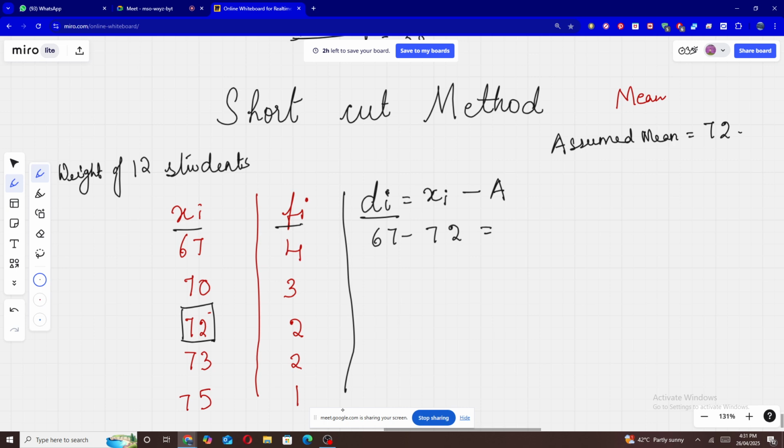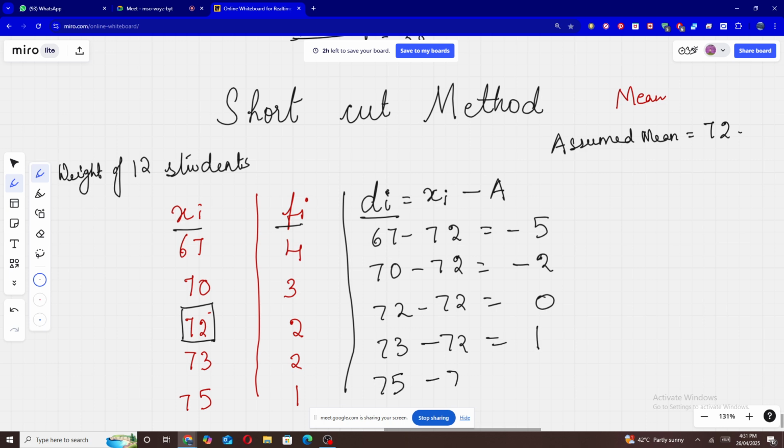So 67 minus 72 is minus 5. 70 minus 72 is negative 2. 72 minus 72 is 0. 73 minus 72 is 1. 75 minus 72 is 3.